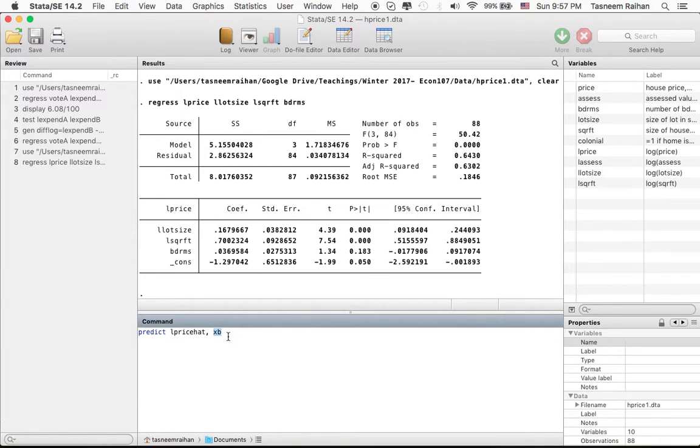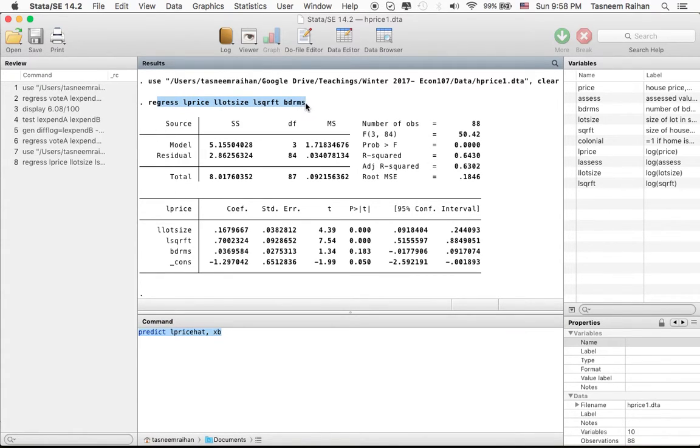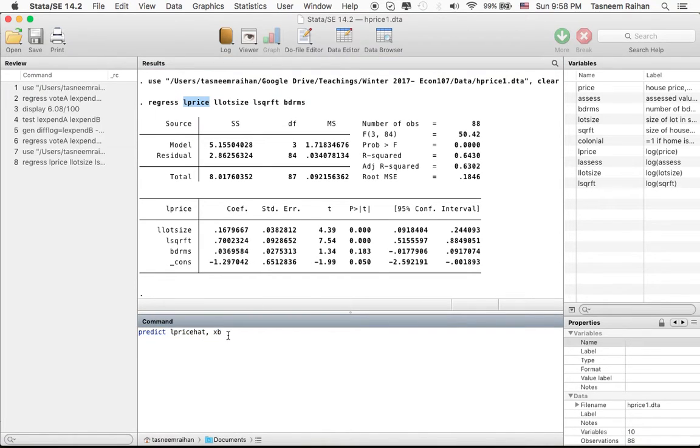And this command predict will only work after you have done this first regression. So after we have done this regression, we are trying to find out the predicted value of L price, which we call L price hat. Only after you have done this regression can you run this command predict.